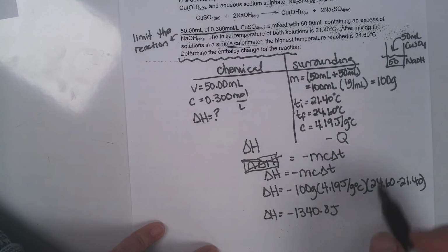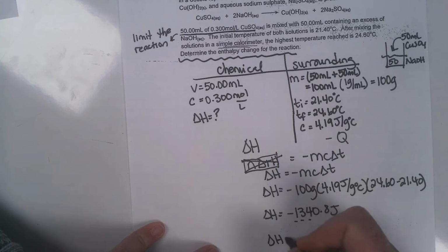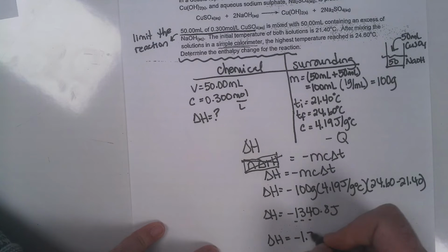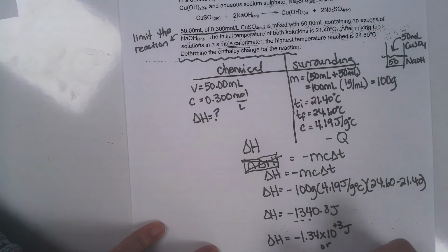Even though we didn't do it, there's still only 3 sig digs. So delta H is equal to negative 1.34 times 10 to the positive 3 joules, or negative 1.34 kilojoules.